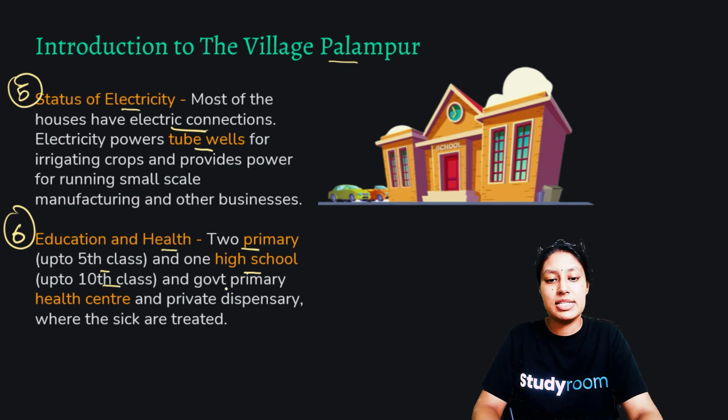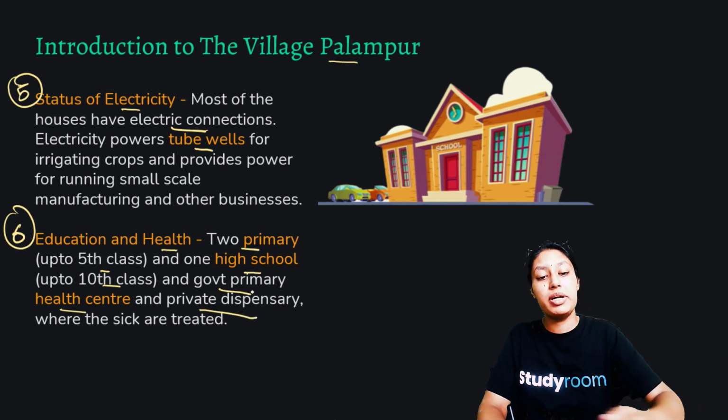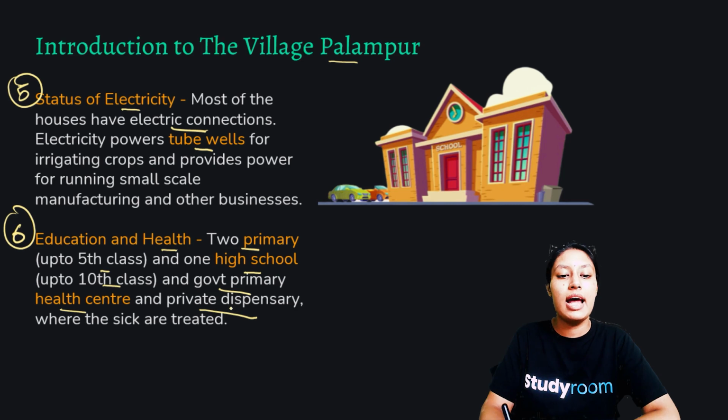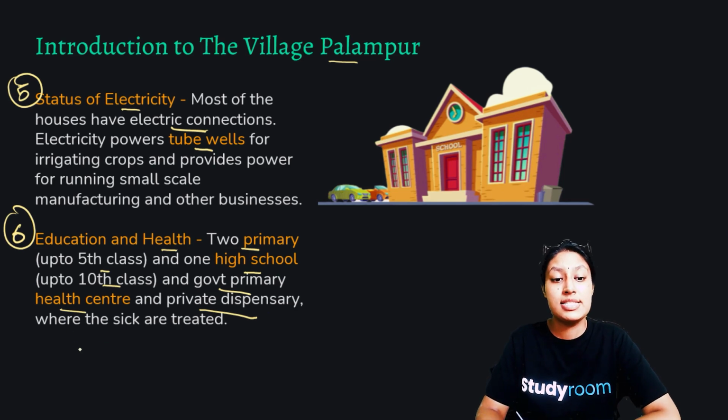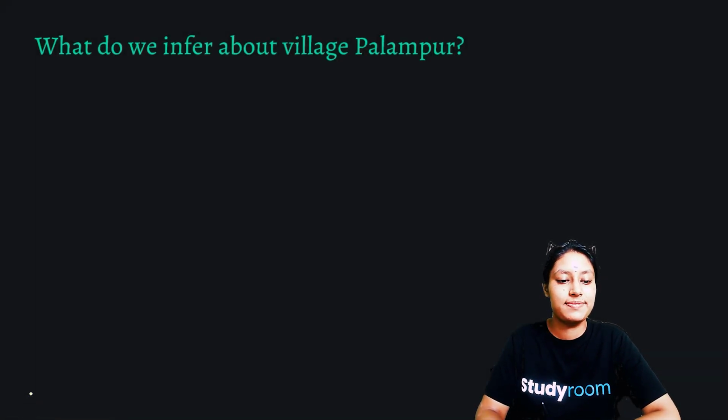For health purposes, there is one government primary health care center and one private dispensary, so that people who get sick can treat themselves.